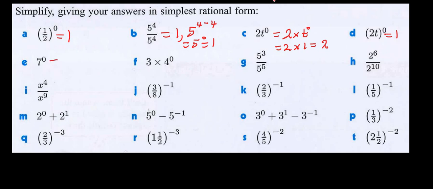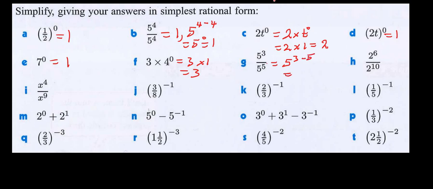All right, so question E, exponent 0 is 1. And here, 4 exponent 0 is 1, so 3 times 1 is 3. So this will be 3 times 1, and that is what? 3. And the next one, over here, we have 5 exponent 3 divided by 5 exponent 5. Okay, so you can see that you are applying the division rule. It means 5 exponent 3 minus 5.